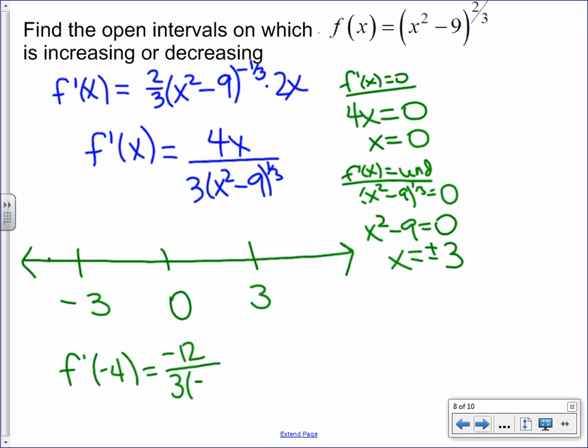This would be 16 minus 9 to the 1/3, right? So what kind of number is that going to be? We'd have negative over positive, wouldn't we?